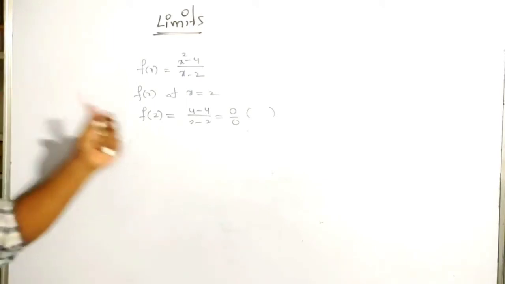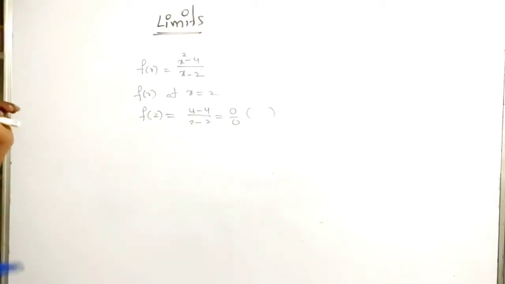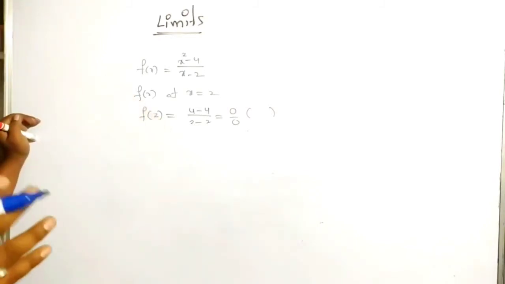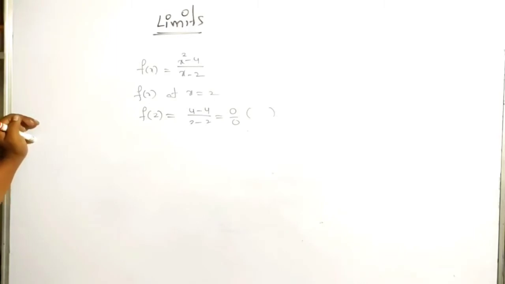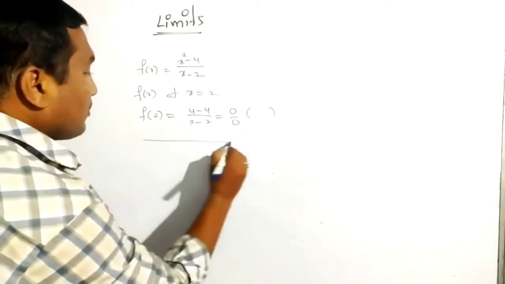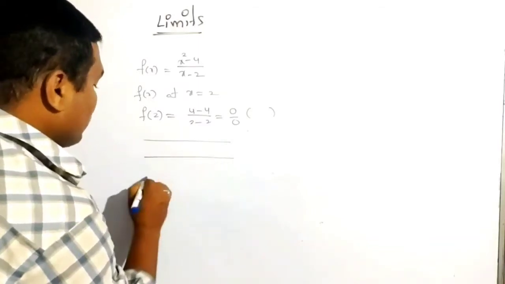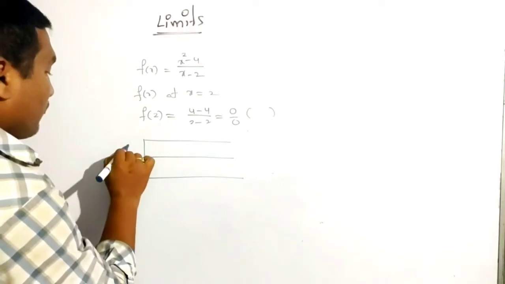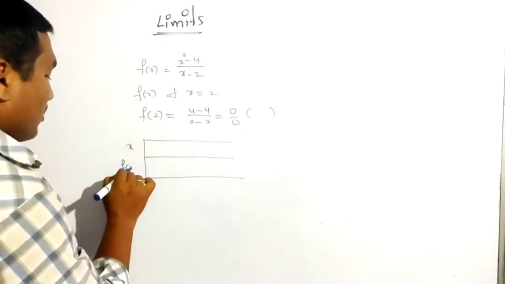But we want to find this answer approximately. For that purpose I will take a small table that contains the value of x and the value of f of x.